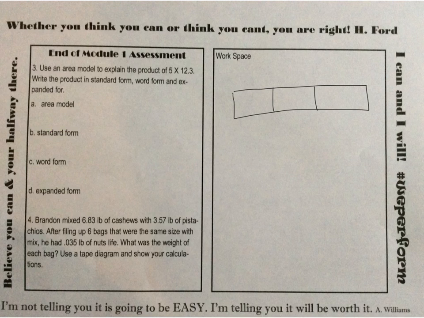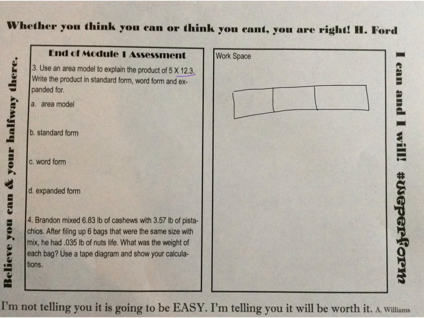Number 3 says use an area model to explain the product of 5 times 12 and 3/10. Write the product in standard form, word form, and expanded form. So using the area model, we have to make our box. We have 3 different digits, so we need 3 different columns.